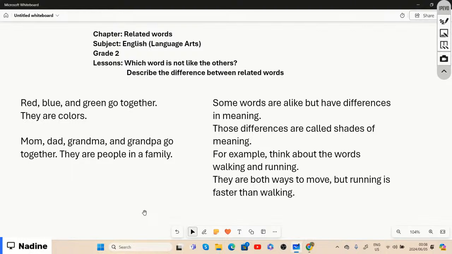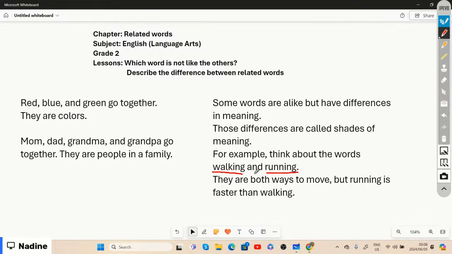So if we look at an example of related words, it's for example like saying walking and running. And if you look at the words walking and running, both mean that you are moving. You're moving forward, right?